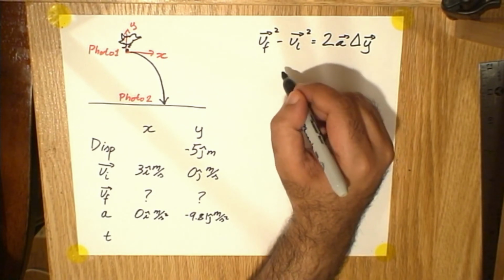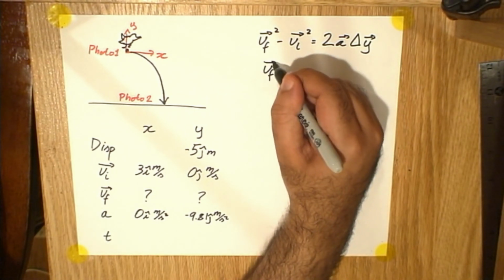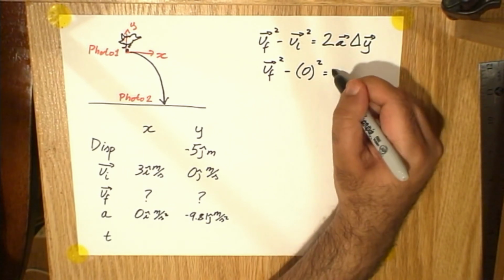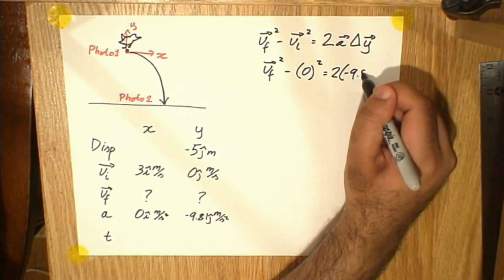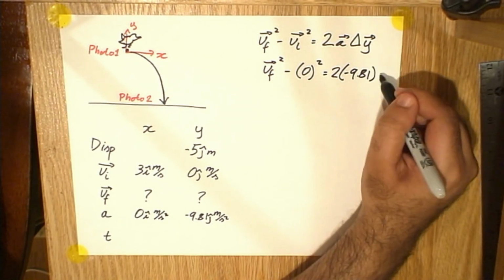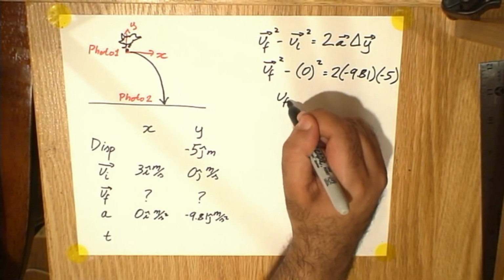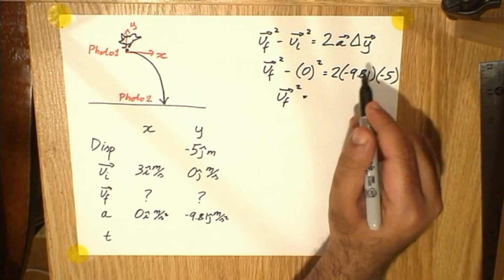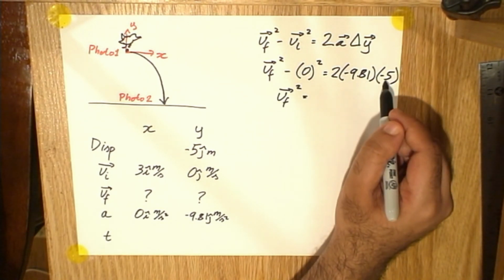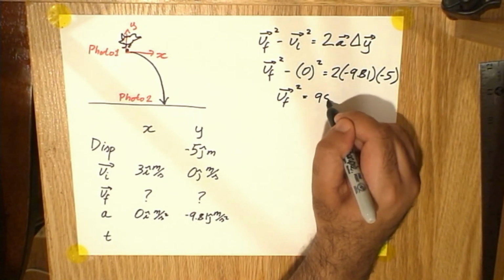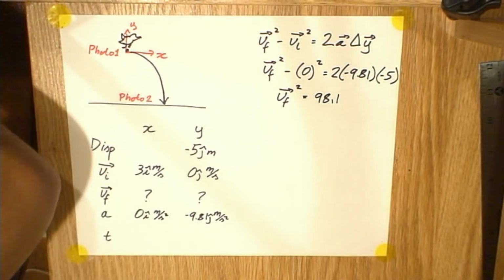So v final is the thing that's unknown, minus v initial, which was 0, is equal to 2 times negative 9.81 times delta y, which is negative 5. So v final squared is equal to 2 times negative 9.81 times negative 5. That 2 times 5 is 10, so this whole thing will work out to positive 98.1.